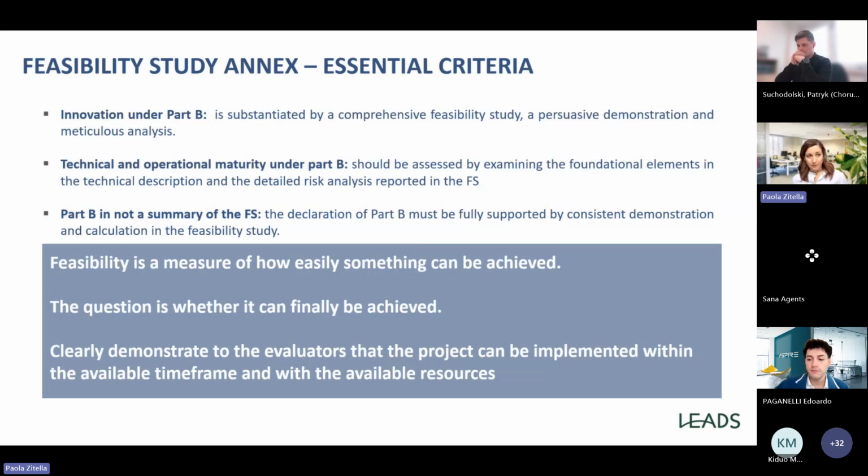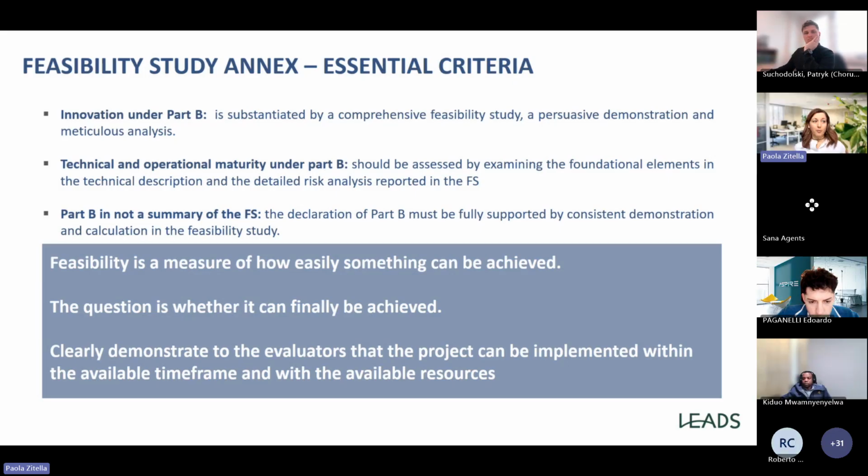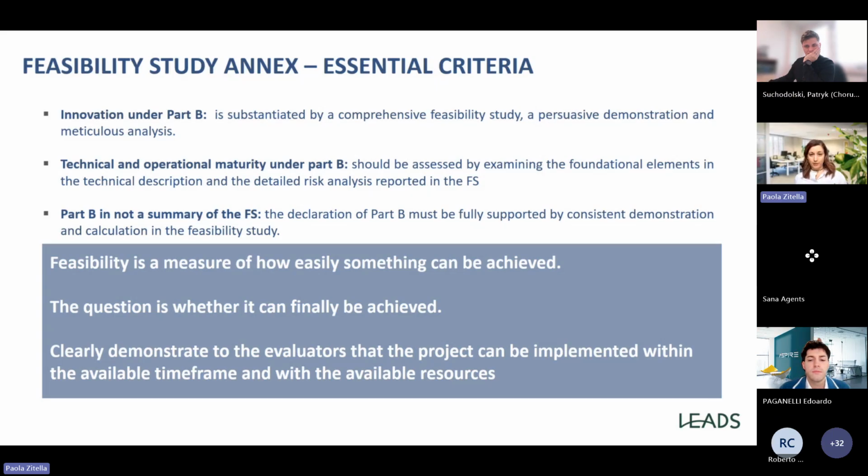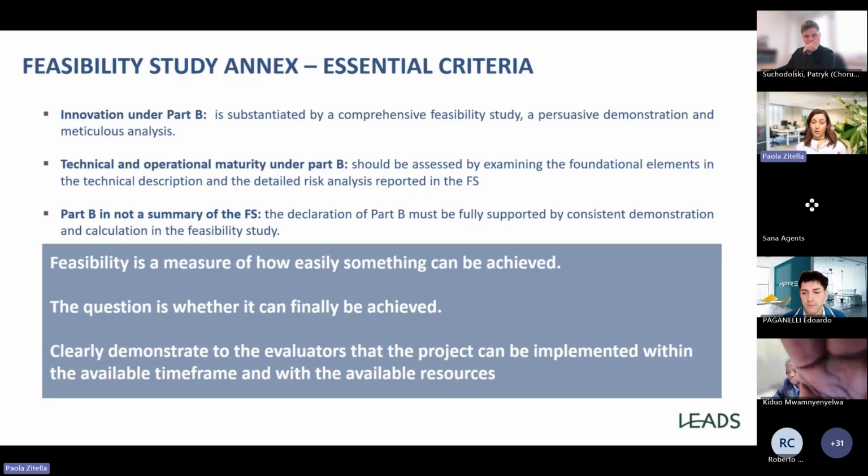On the contrary, the feasibility study is the technical and quantitative backbone of the proposal. Everything you declare in the Part B must be fully supported by calculation, explanation, and solid evidence provided in the feasibility study. So if the Part B tells the story, the feasibility study proves that the story is real.